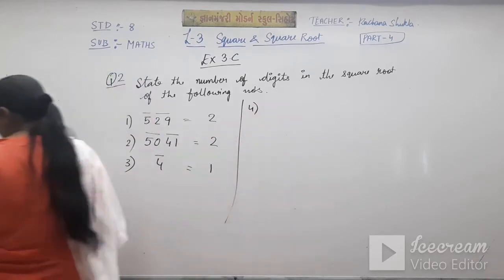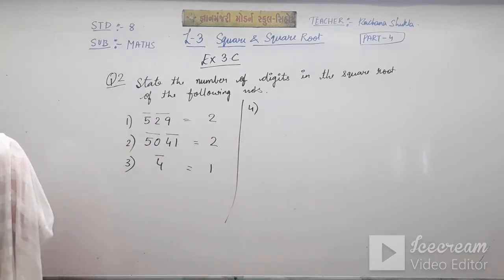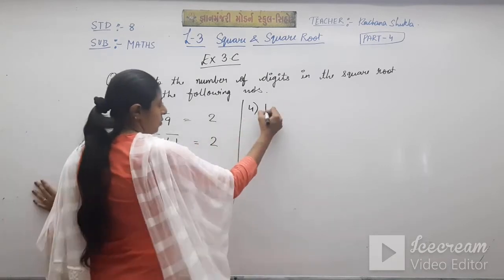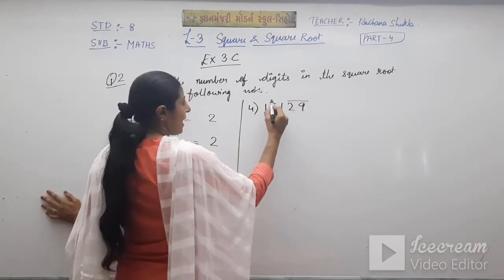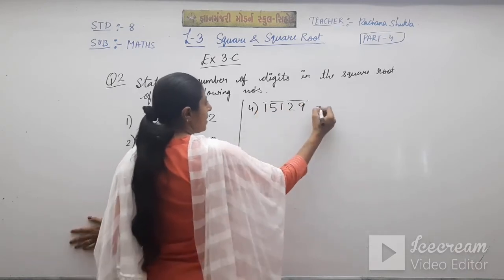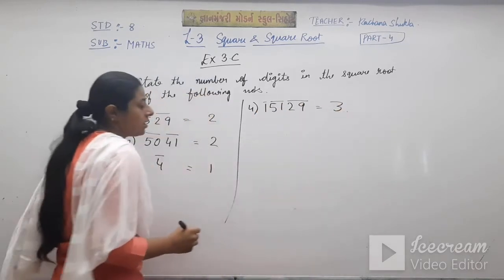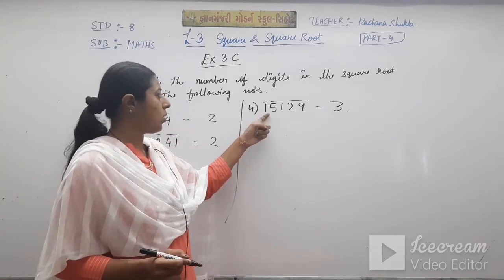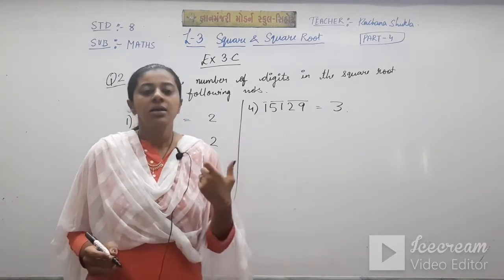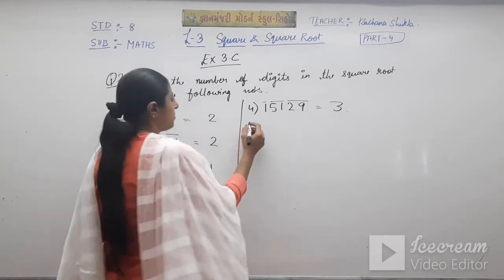Now the next sum, number 4, 15129. So 1 pair, 2 pair and 3 pair. So we will get the answer as 3. That means the square root of 15129 is a 3-digit number.